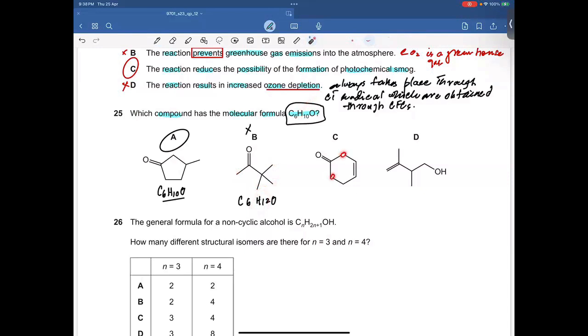2, 4, 6, 7, 8. We have 6 carbon atoms, but we have 8 hydrogen atoms. So again, hydrogens are not balanced. Let me check again. 2, 4, 6, 7, and this one is 8. So yes, D. 1, 2, 3, 4, 5, 6, 6 carbon atoms.